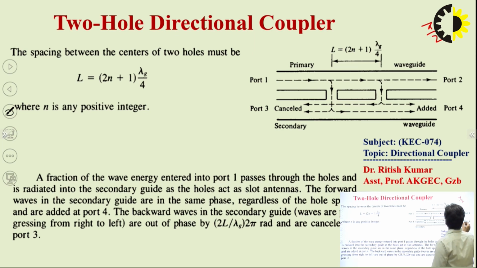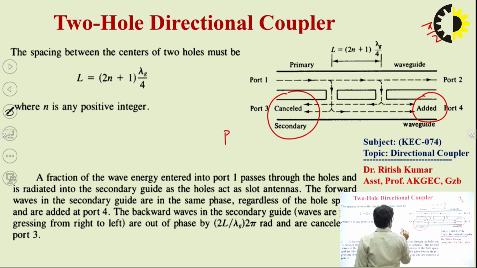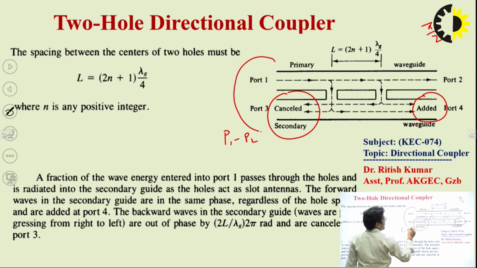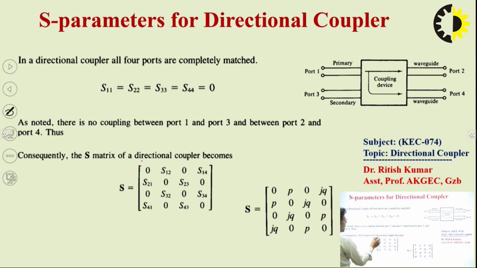In this case, for delivering the power at port number 2, we will have the addition of the power, and at port number 4 the power is cancelled out. That's why we call port number 4 the isolated port. So this is the scattering parameters of the directional coupler.